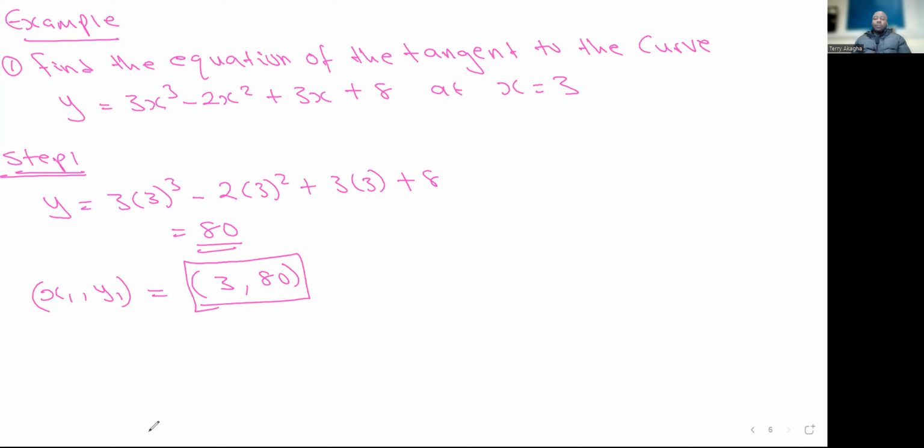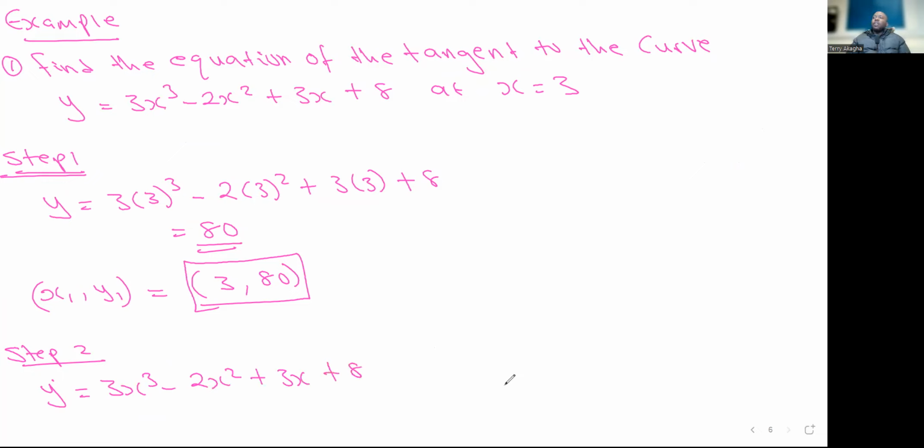Now, step 2: we need to differentiate the equation using any of the previously described differentiation mechanisms to get dy over dx. We know that y is equal to 3x cubed minus 2x squared plus 3x plus 8.